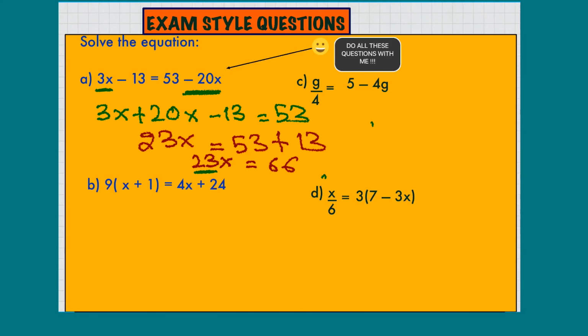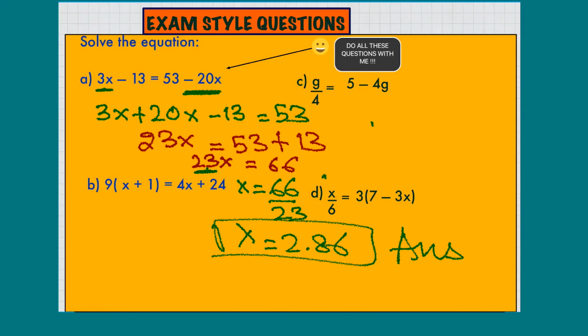That would be our answer. Once again, what I did, I brought the like terms to one side, then took all the other terms to the other side of the equation, and then I found the unknown variable, the value of x, by dividing 66 by 23. Why? Because 23 is times x on one side. What we need to do is divide it on the other side.